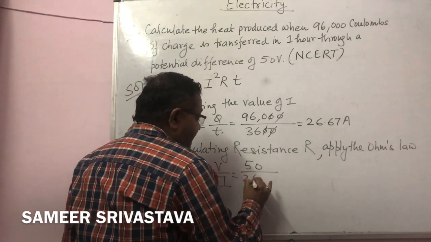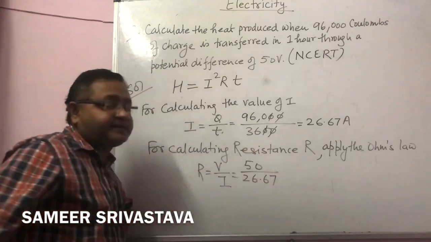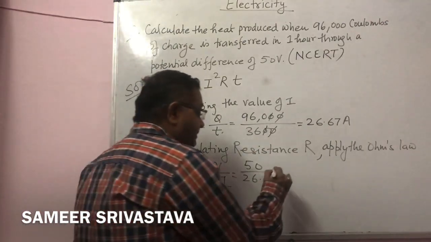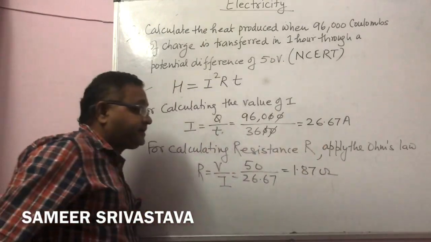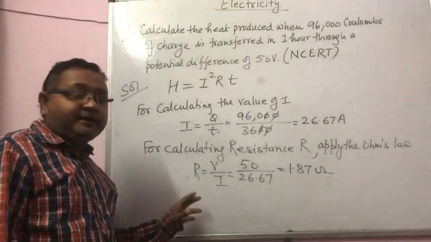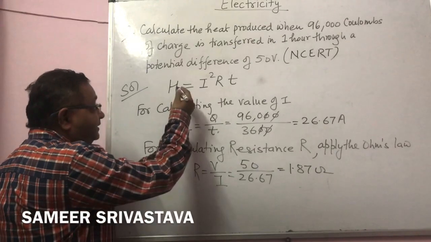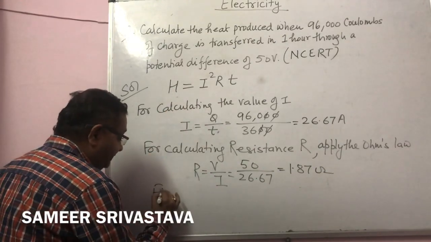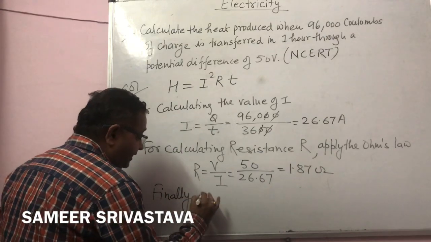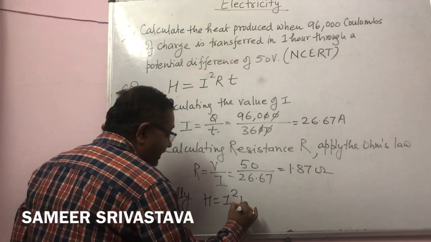The value of I we have found is 26.67, and the answer after calculation is 1.870.